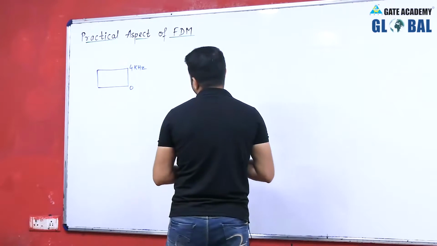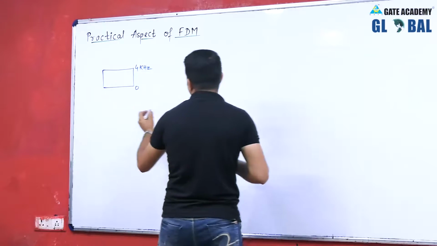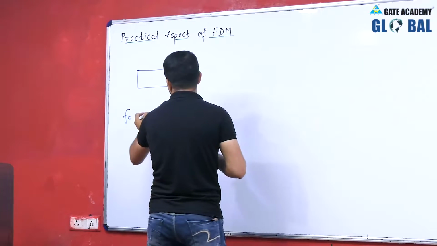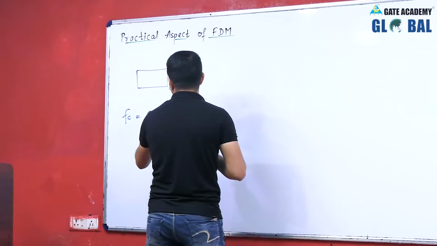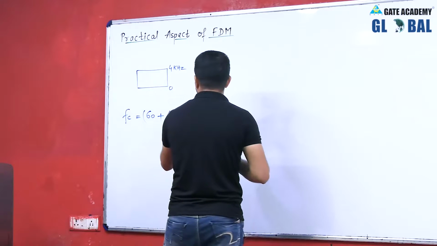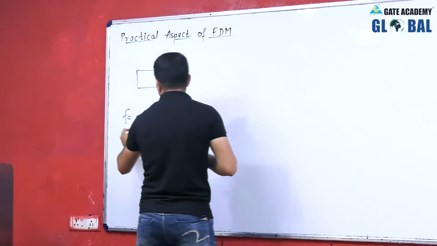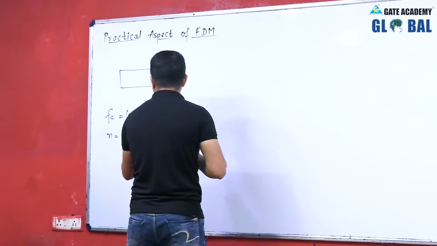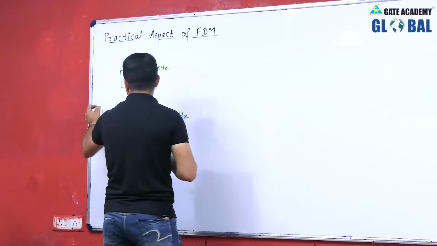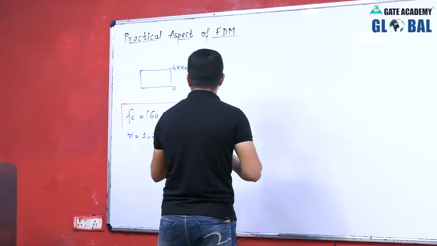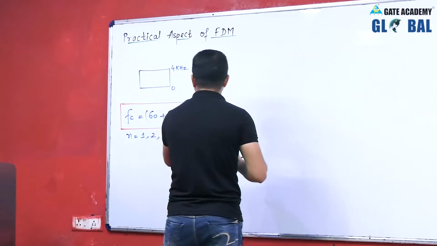For the 12 message signals we assign the carrier frequency by the formula 60 plus 4n, in kilohertz, where n is the number of the user and it varies from 1 to 12, because in the beginning we have 12 users, 12 persons.